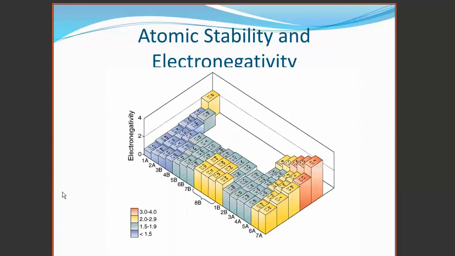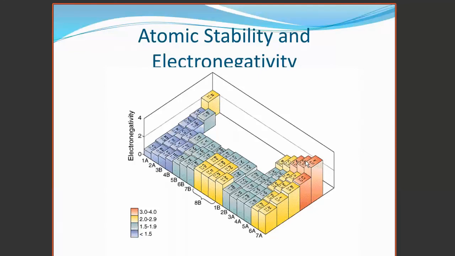In this diagram, the electronegativity of each element is shown on a three-dimensional plot. The height of each column is proportional to the electronegativity of each element. We see that fluorine, by the convention used to measure electronegativity, has the highest electronegativity at a level of 4.